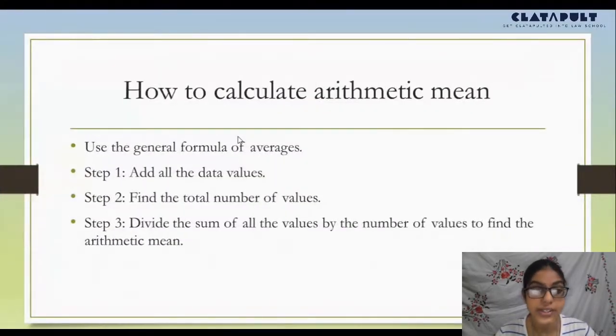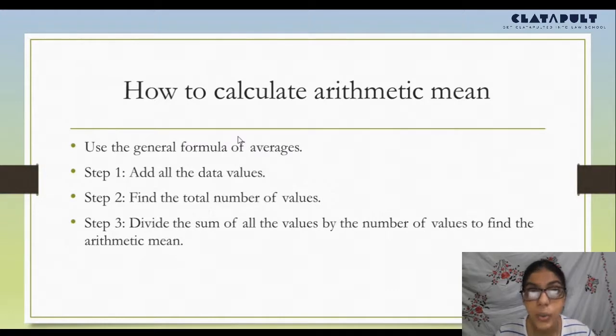The process to calculate arithmetic mean is identical to the process to calculate averages that we learn as the general formula. So the first step we need to do is add all of the data values to find the sum of all the data values. Step 2, we need to find the number of values that are there in the data set, which we will express through a variable like n.